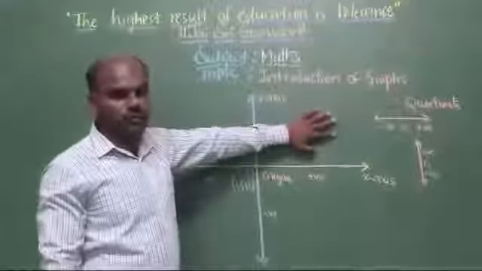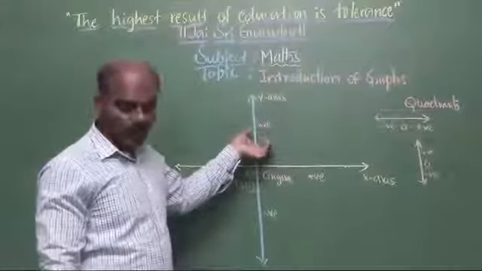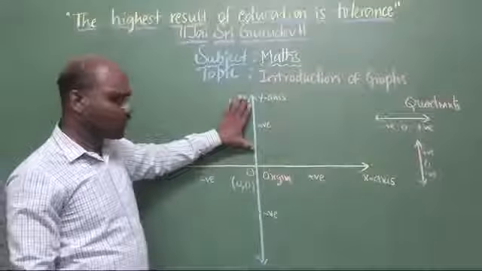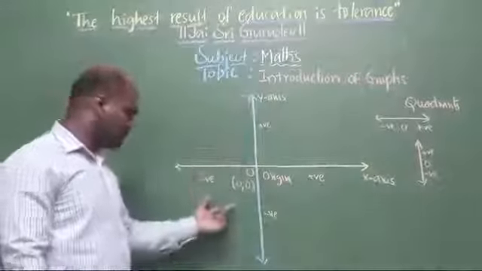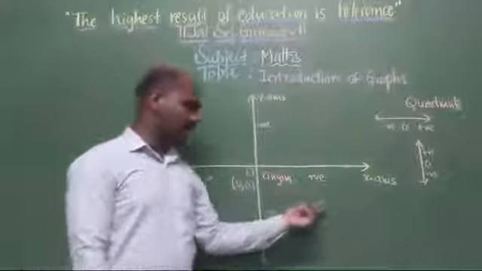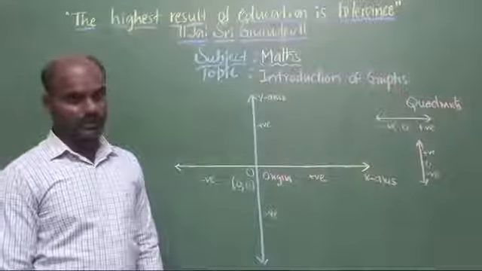If you take this quadrant, we have the x-axis value and the y-axis value. In this quadrant too, and in this one, and here also we have the x-axis and y-axis. Yes or no, children?